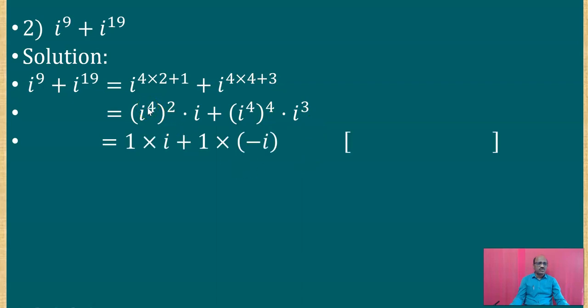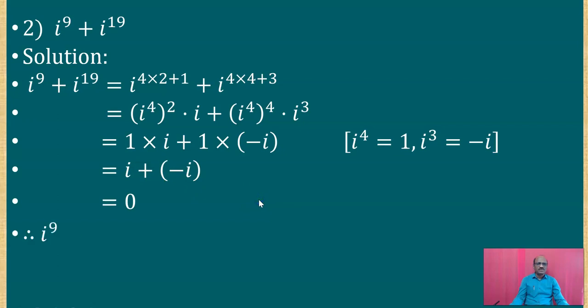Here i raised to 4 is 1, 1 square is again 1, 1 into i, overall you will get i here. And the next, again i raised to 4 is 1, 1 raised to 4 is again 1, i cube is minus i. Here i plus minus i, overall you will get 0, that is equal to a plus ib, where the value of a is 0 and b is also 0.